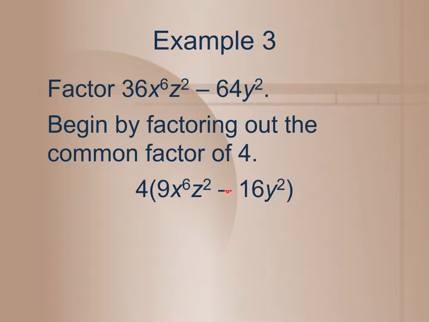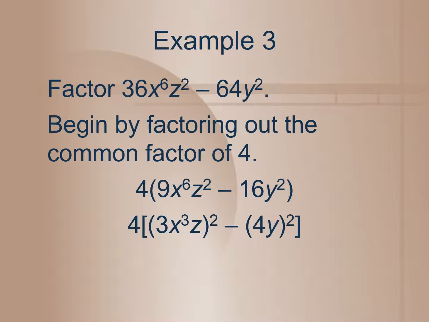This is a difference, so I want to rewrite these in terms of something squared. 3x cubed z squared is the same as 9x to the 6 z squared, and 16y squared is the same as 4y squared. Now I have the difference of squares.